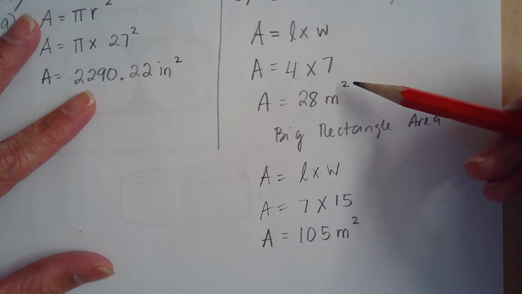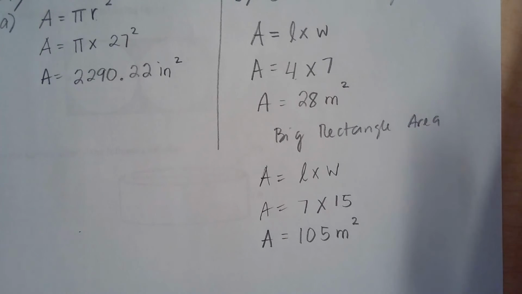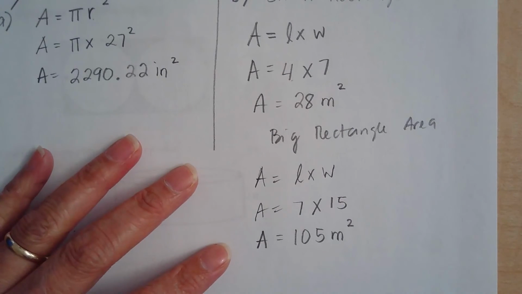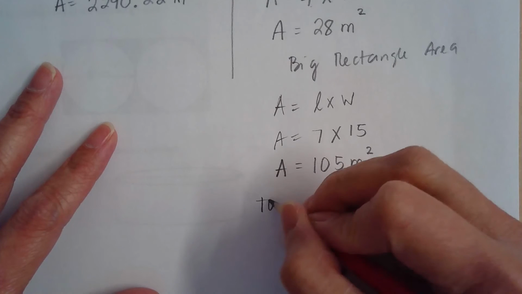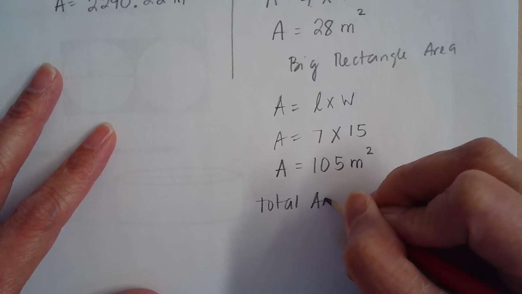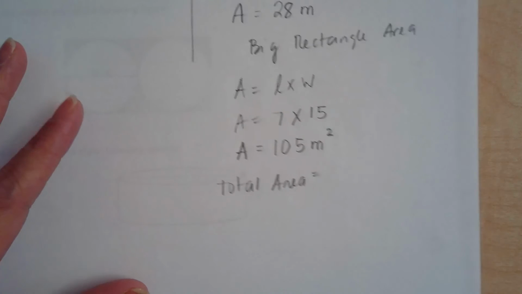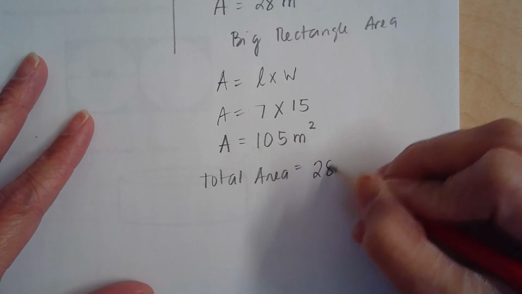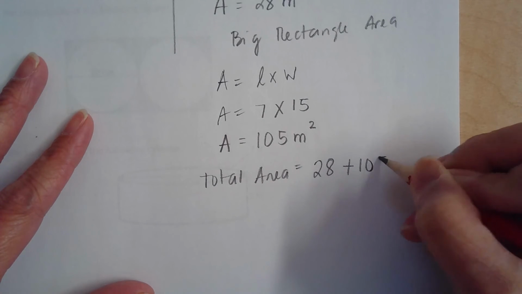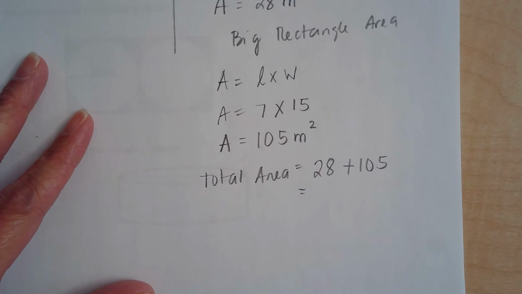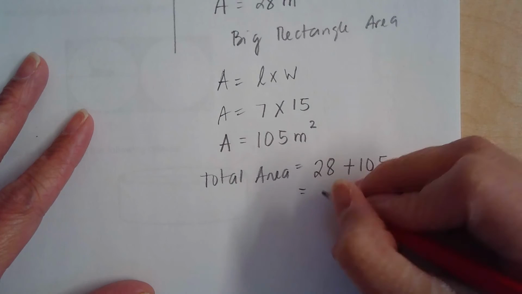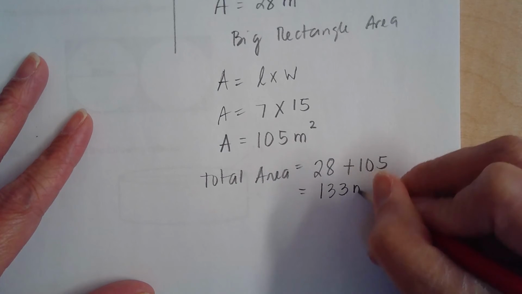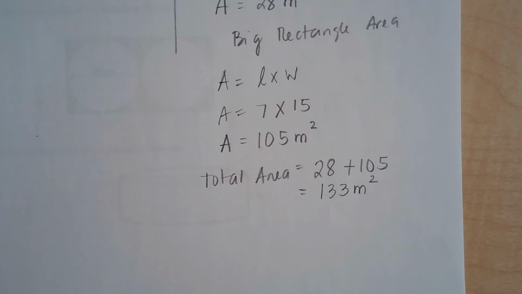So this is the small rectangle, and then we combine it with the big rectangle, so therefore the total area would be 28 plus 105. It's going to give us 133 square meters. Okay, so that's a compound shape. Is that good?